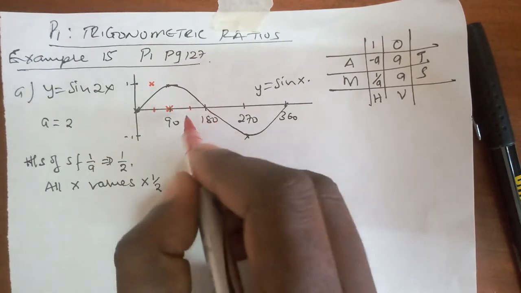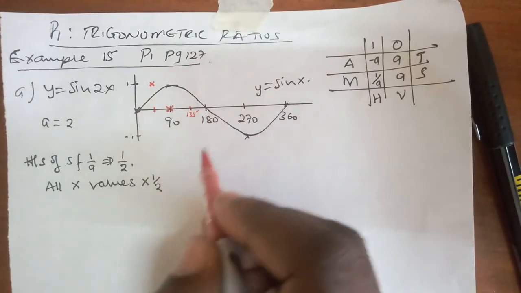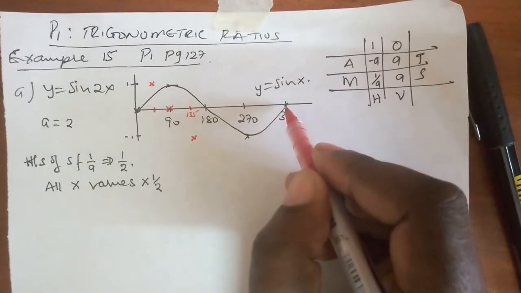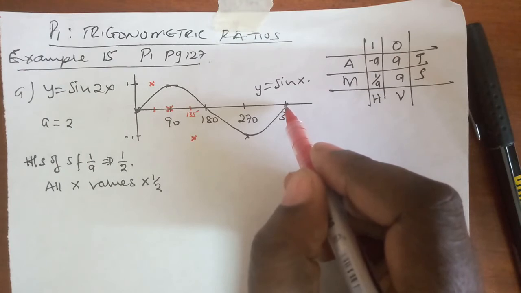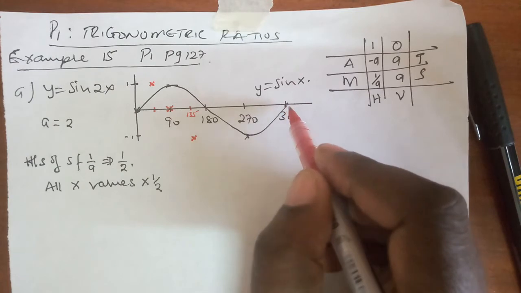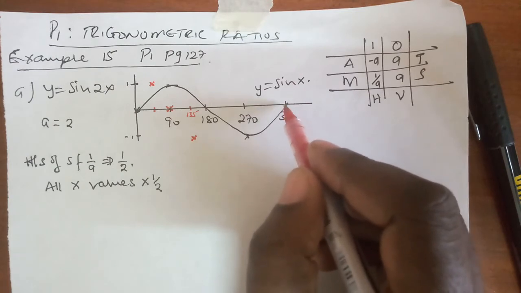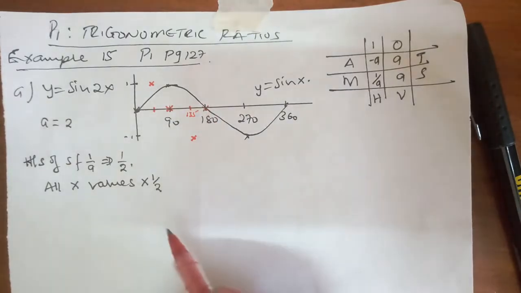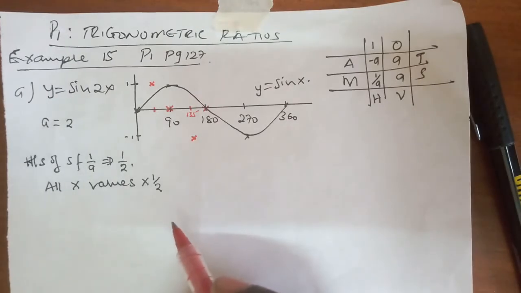When x was 360, y is 0 and x times a half is 180. Y doesn't change.